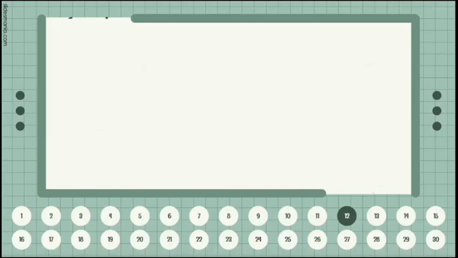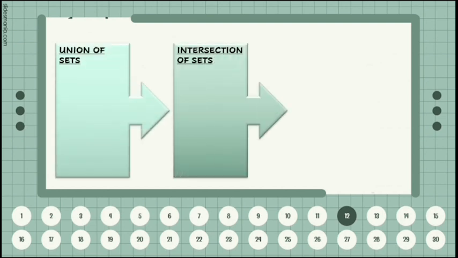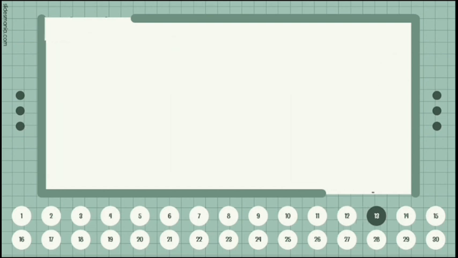We have union of sets, intersection of sets, and difference of two sets.